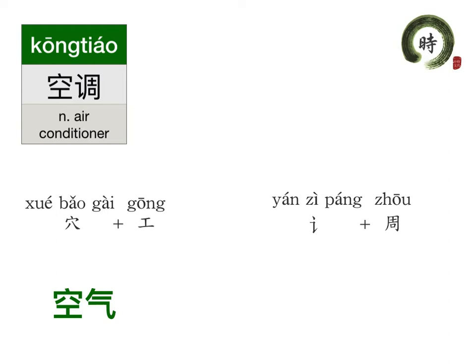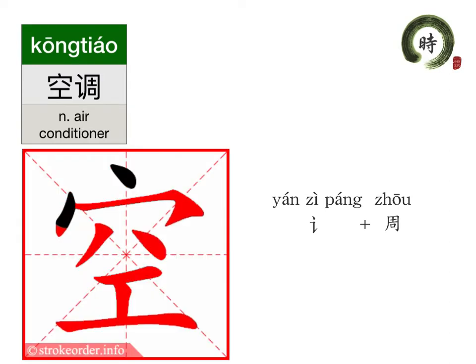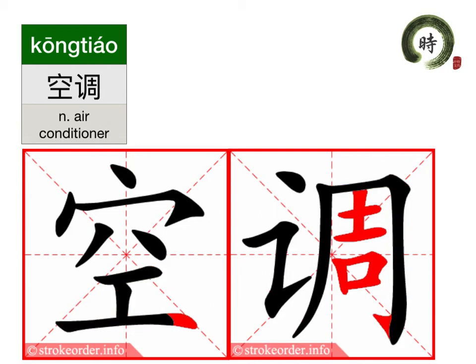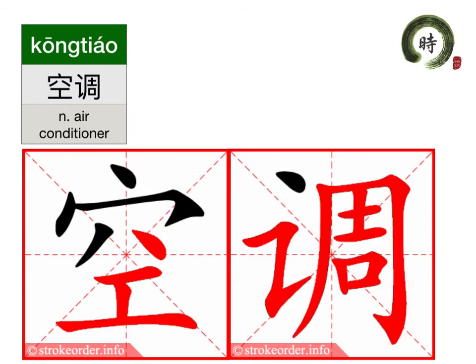Okay, now let's take a look at the writing here. So this is 空, 穴宝盖, and 工. Perfect. And we have 调, 言字旁, and 周. In the character 周, we have the character 土 and 口.